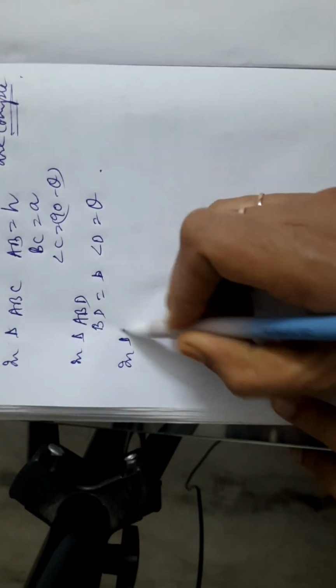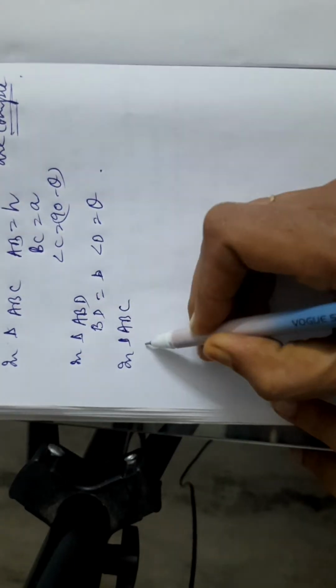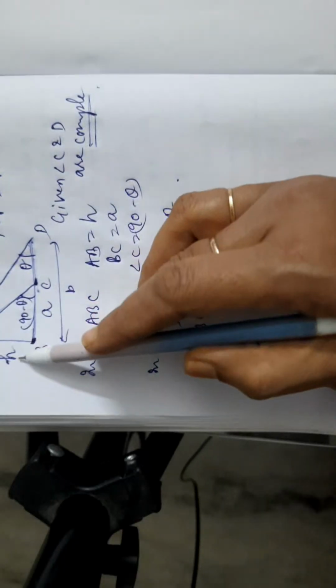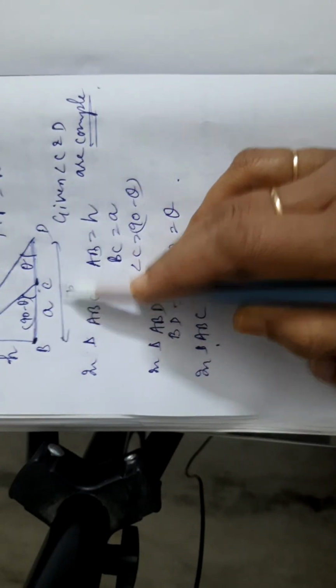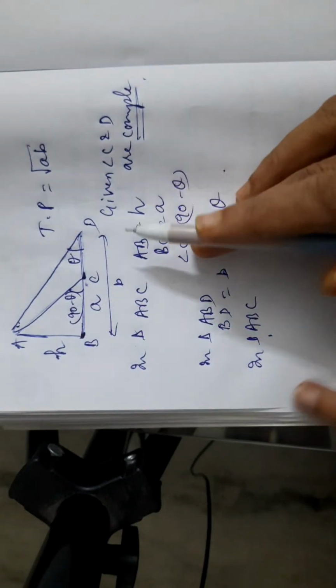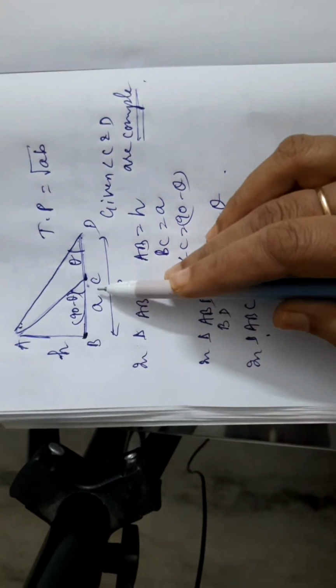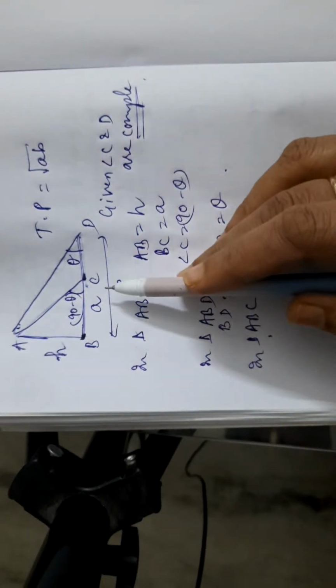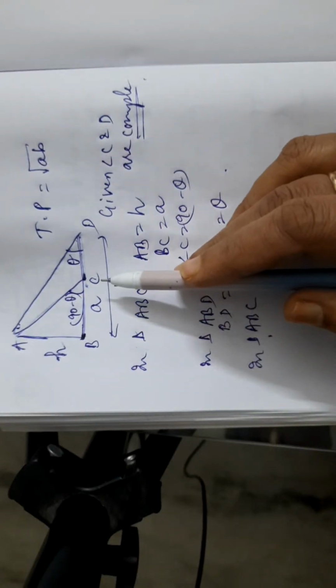In triangle ABC, as we need to make the relation of perpendicular and base, we'll consider tan. You need to find out which kind of relationship you are making. If it is perpendicular and base, most of the questions will be based on tan only.